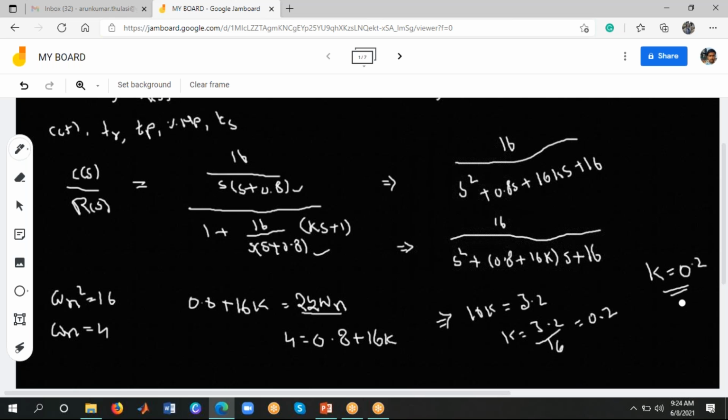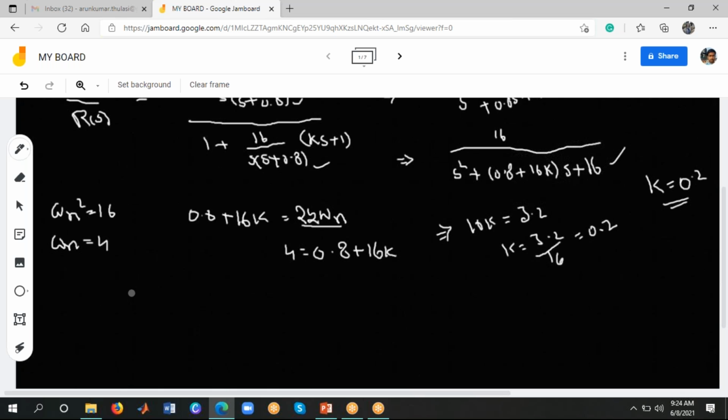Now substitute this 0.2 in this equation. So you'll get 16 divided by s square plus 0.8 plus 16 into k, so 16 into 0.2 is 3.2, s plus 16.